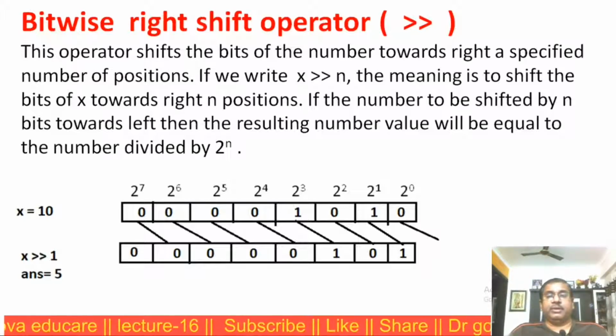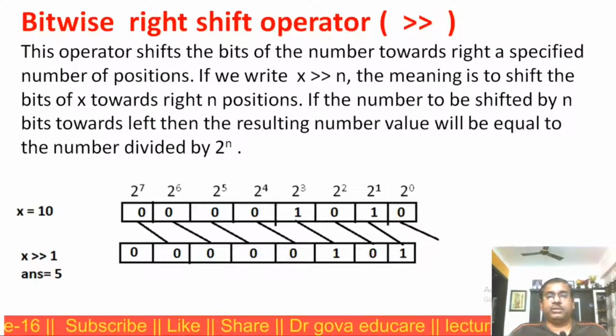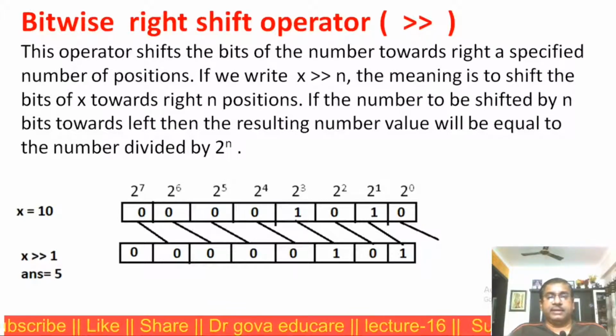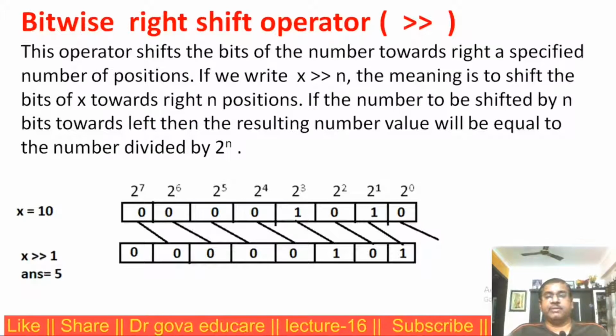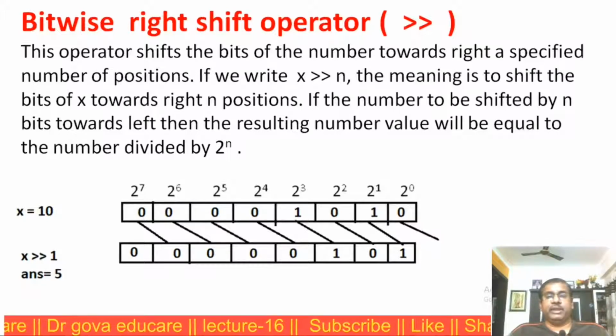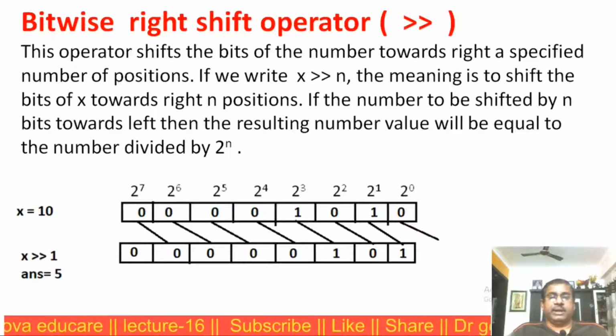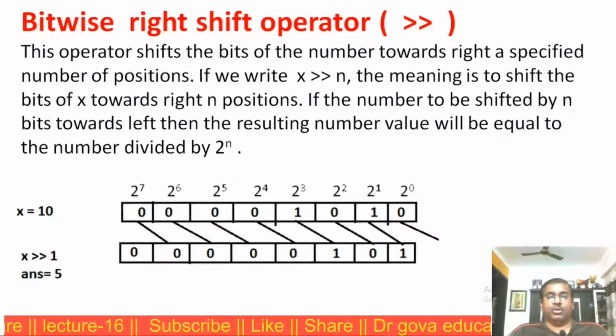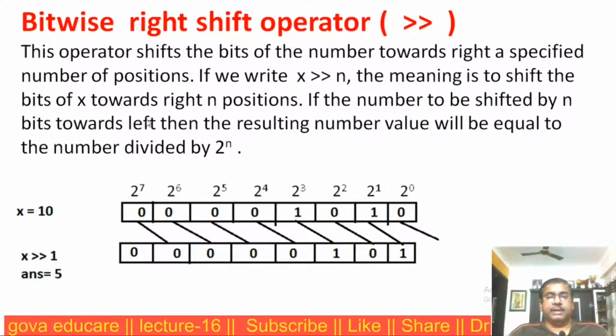If the number is shifted by n bits towards the right, then the resulting value will be equal to the number divided by 2 power n. Right, not left, it is right.